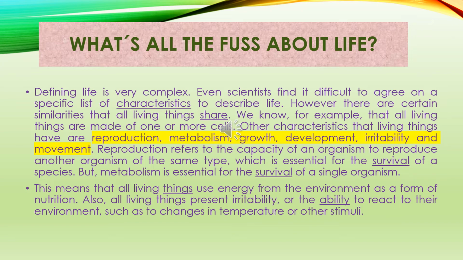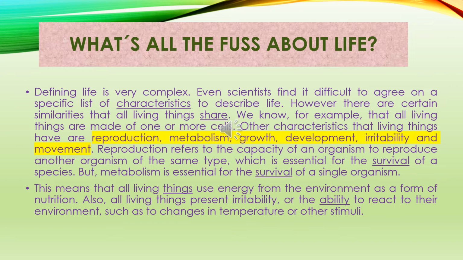But metabolism is essential for the survival of a single cell. So it's important that all these characteristics can be developed in a human being, because if this doesn't happen, sooner or later the species will disappear. Let's continue reading, please.